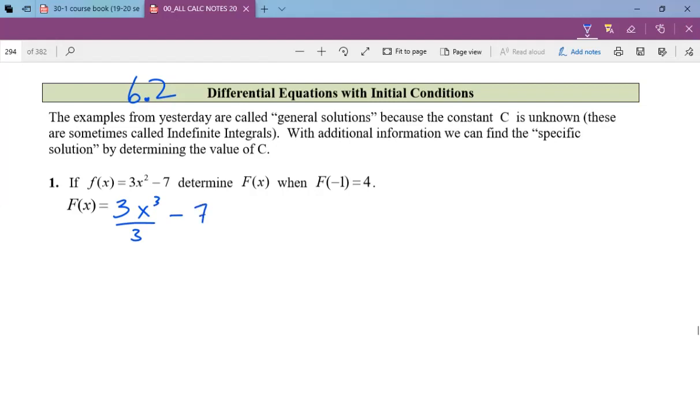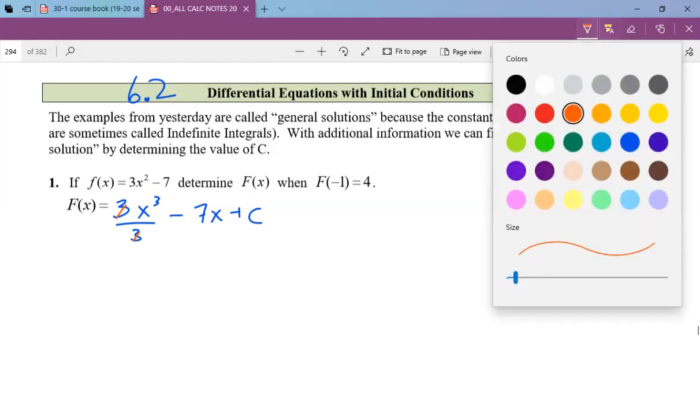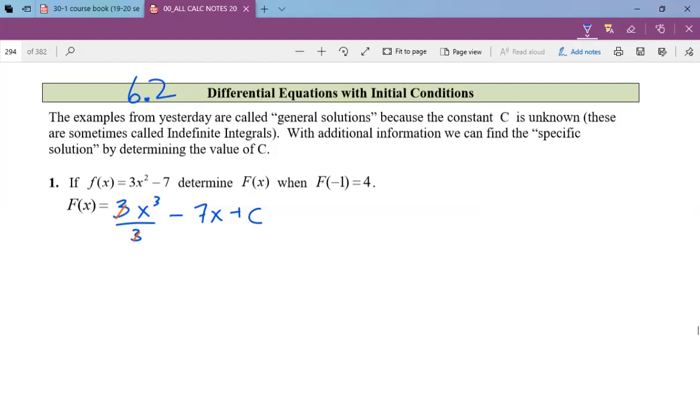The minus 7 becomes minus 7x when we integrate it. Then 3 over 3 just divides to 1. Our next step: F at -1 is 4, so 4 is equal to -1 cubed minus 7 times -1 plus c.